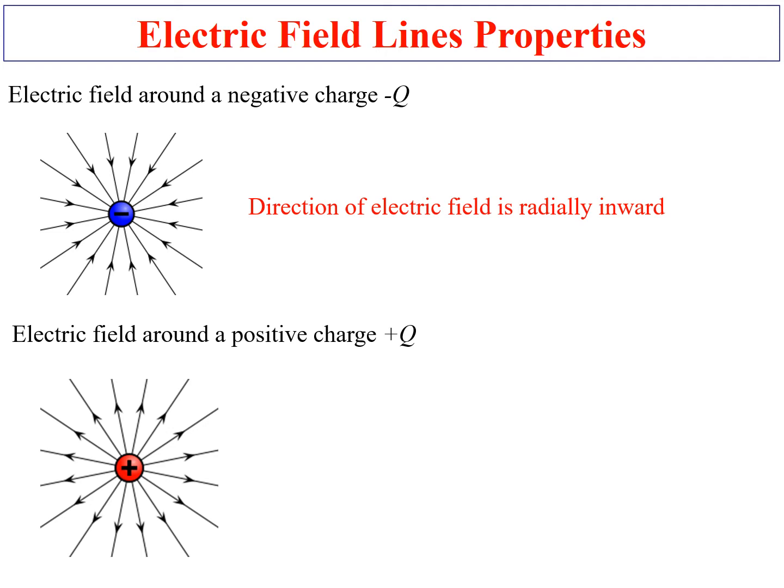And if we take a positive charge plus q, we see that the electric field lines point radially outward. This is why we call a positive charge a source of the electric field. So a positive charge is the source of the electric field, and a negative charge is the sink. The electric field lines originate at the surface of a positive charge and terminate at the surface of a negative charge.